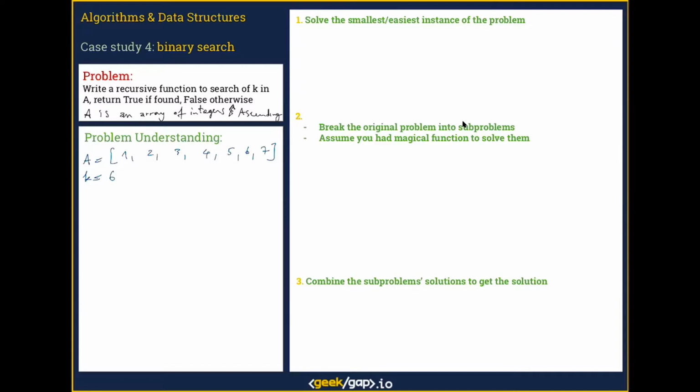Linear search starts at index 0. Is it there? No. I progress. Is it here? No. Is it here? No. Oh yes, it is. So I found 6. But how many steps do we need to do this? It's 1, 2, 3, 4, 5 steps. We can definitely do better, because imagine this list was a list of size 1 million. You would have needed almost 1 million steps if the target you were looking for was at the very end of the list. We can do much better.